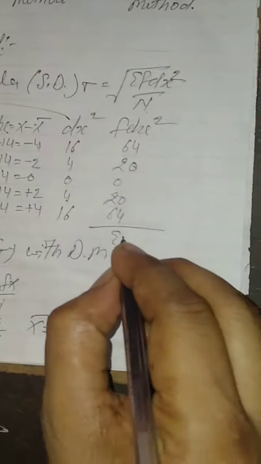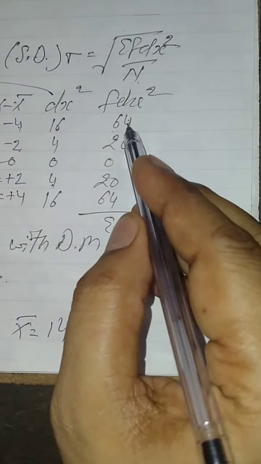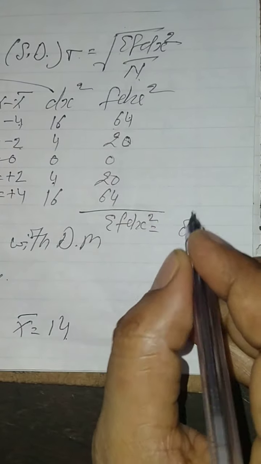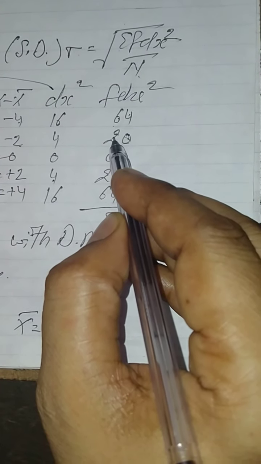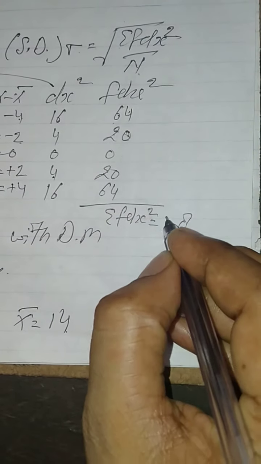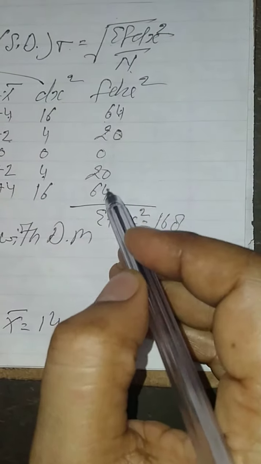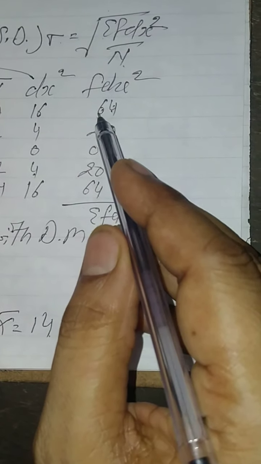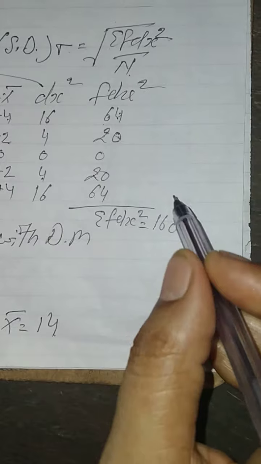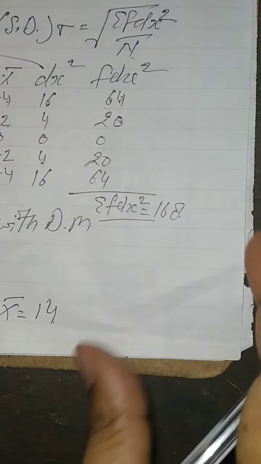That's summation f dx square: 64 plus 20 plus 20 plus 64, which is 168.